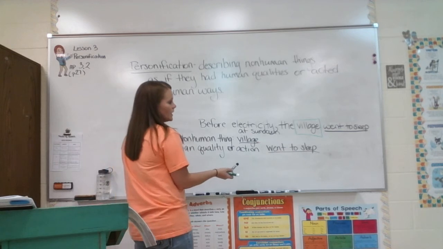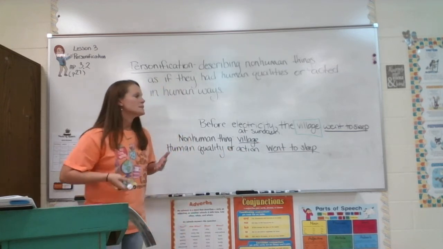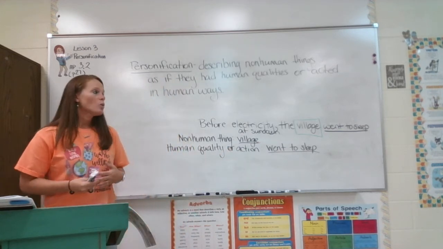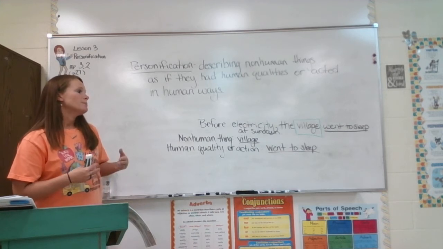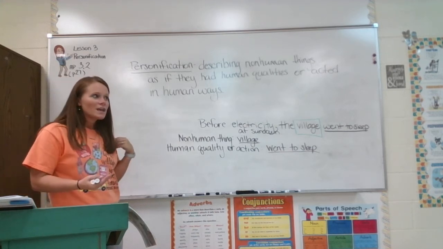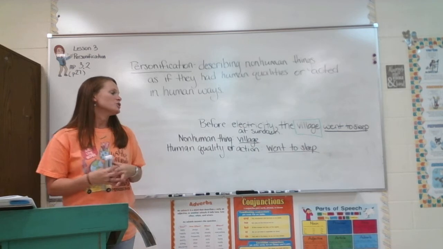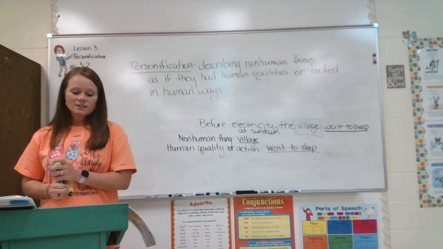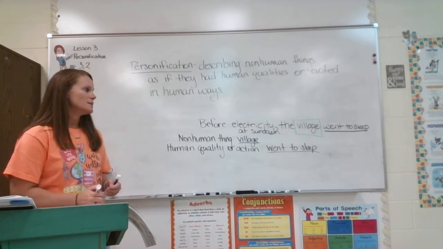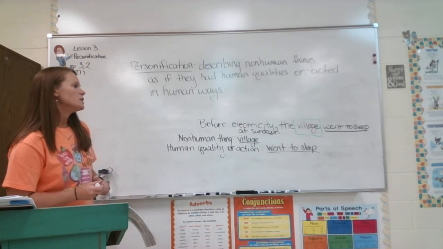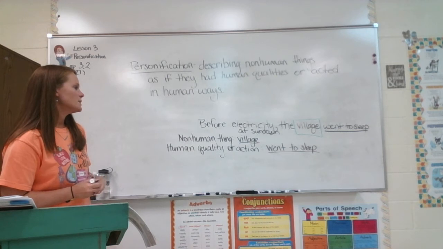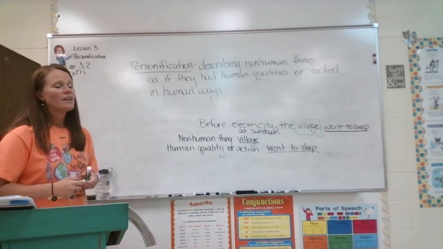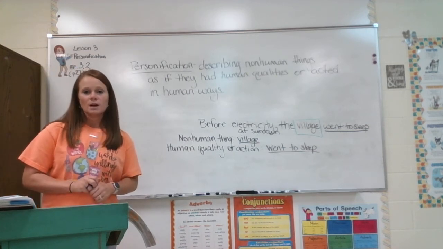Before electricity, the village stopped at sundown, or the village stopped working at sundown. The village shut down at sundown. You could use any of these options as your rewrite sentence. Before electricity, the village stopped at sundown, I think, would probably be one of your best options here.